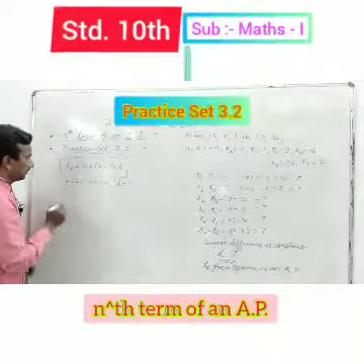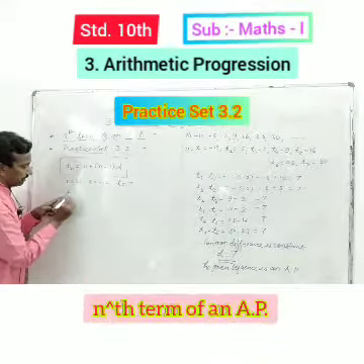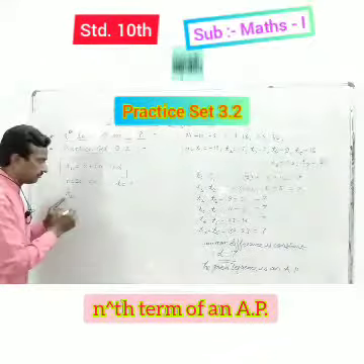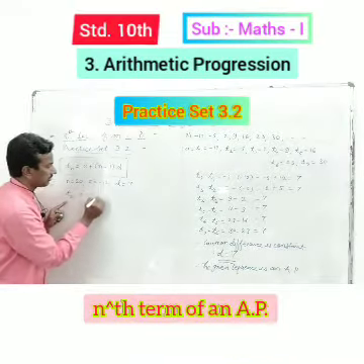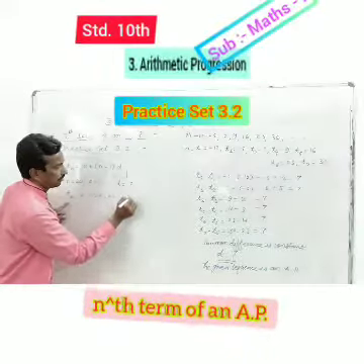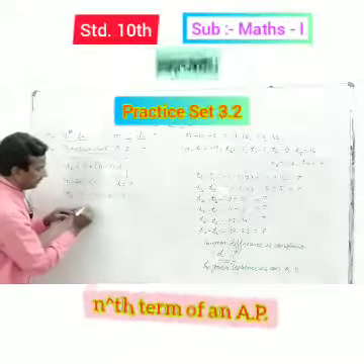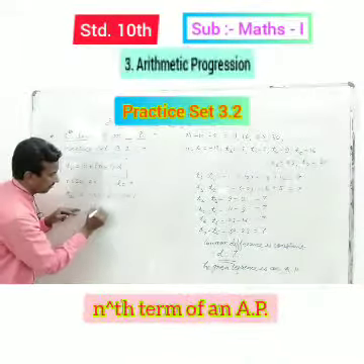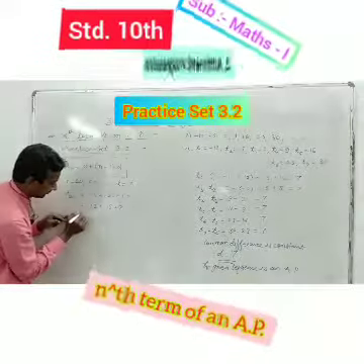Now put the values. T20 is equal to minus 12 plus 20 minus 1 into 7.